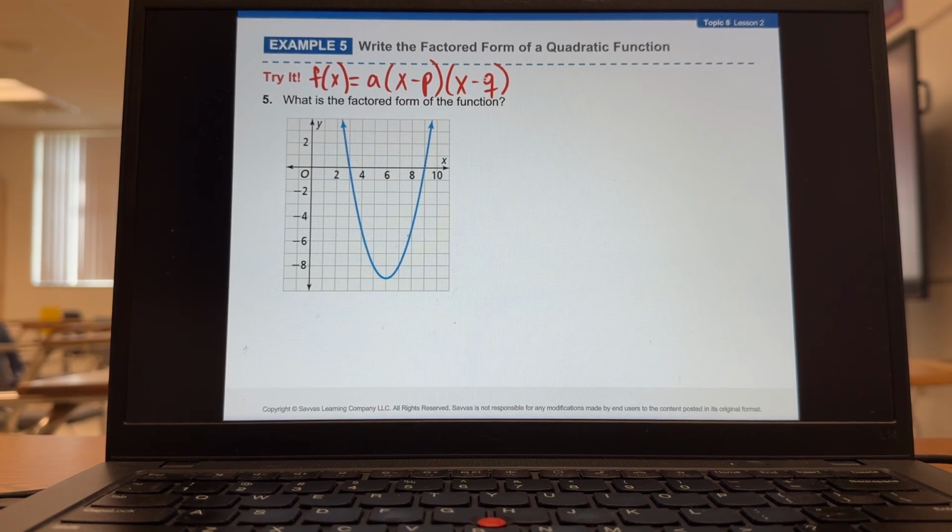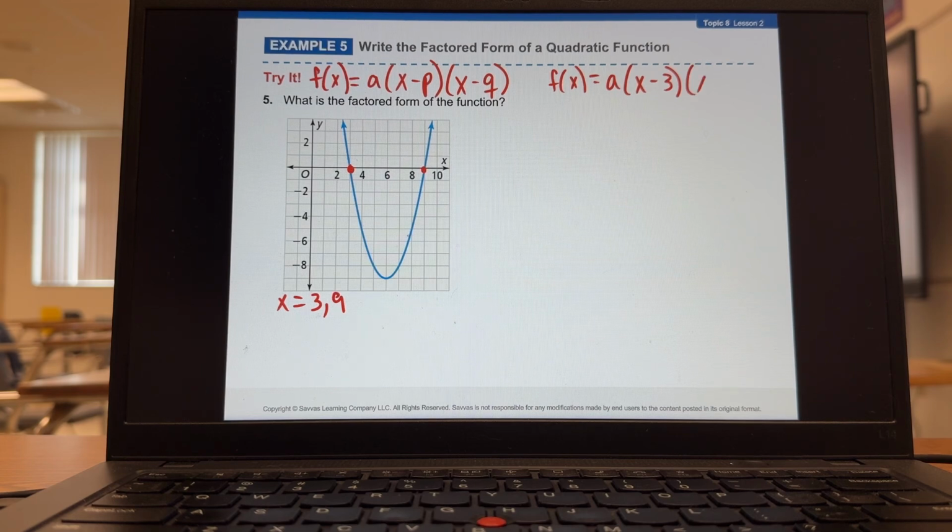A, p, and q are represented by numbers. So first, find your two zeros. It touches the x at 3 and at 9. So you can start with f of x equals a times x minus 3 times x minus 9.